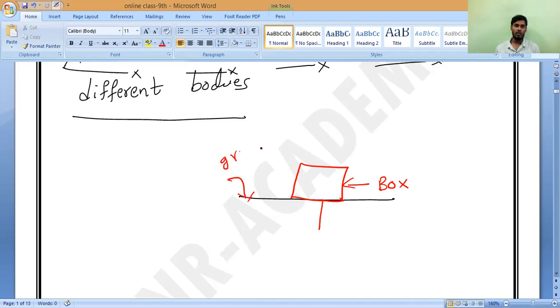Suppose I am standing on the ground. Which is action and which is reaction?